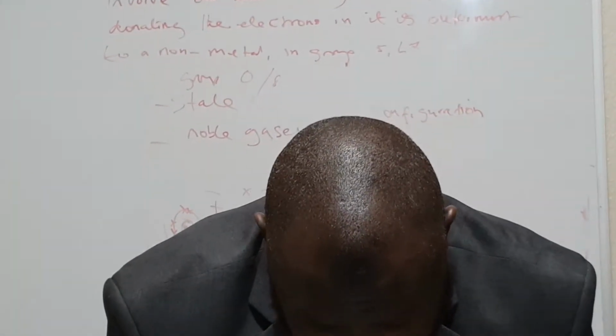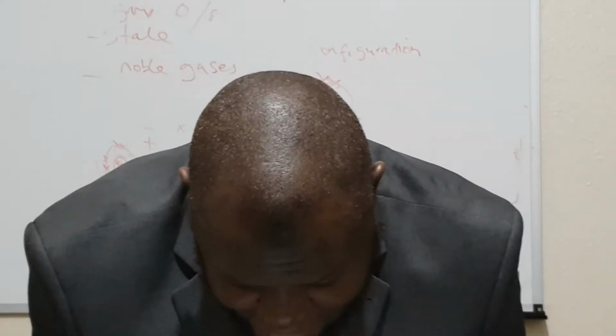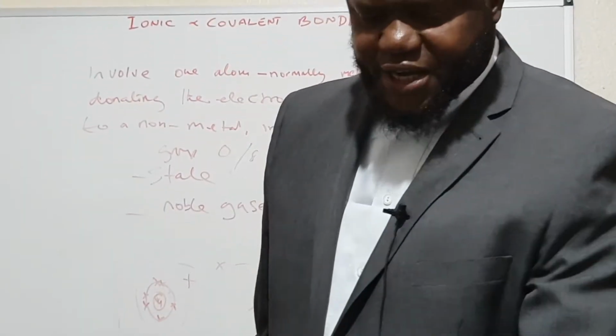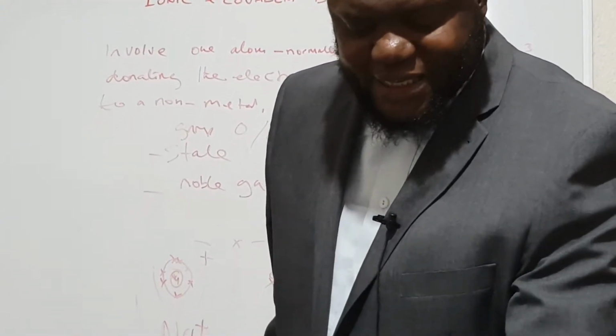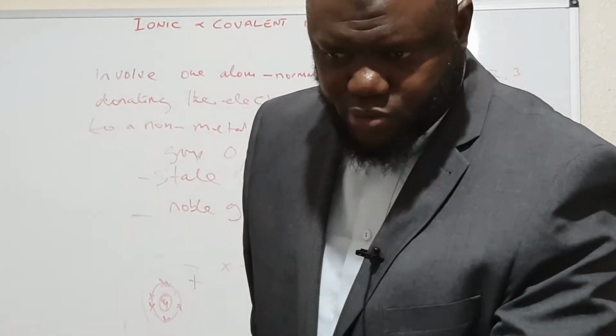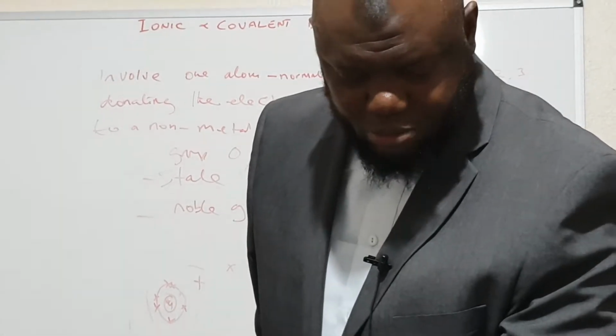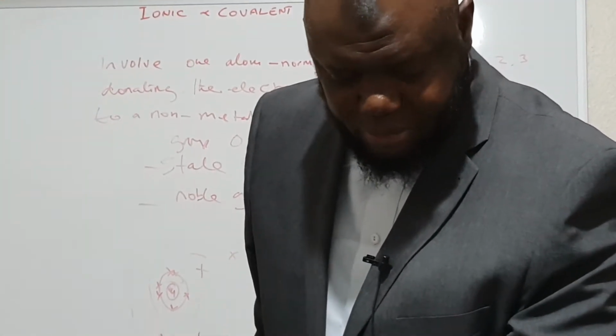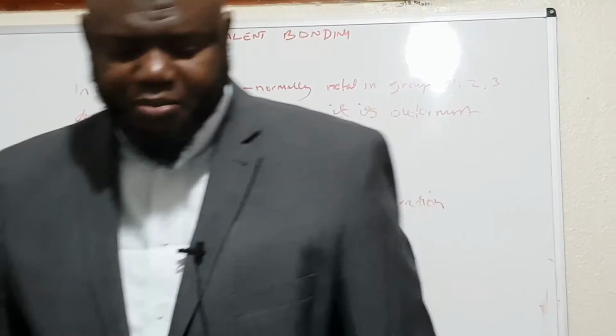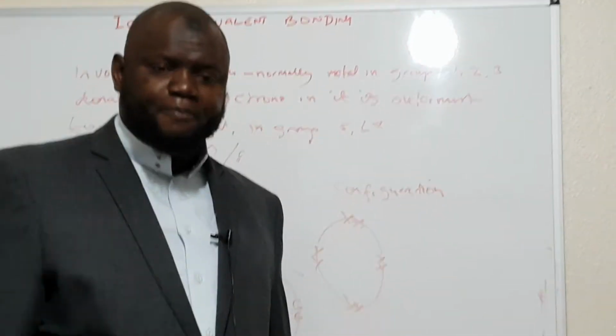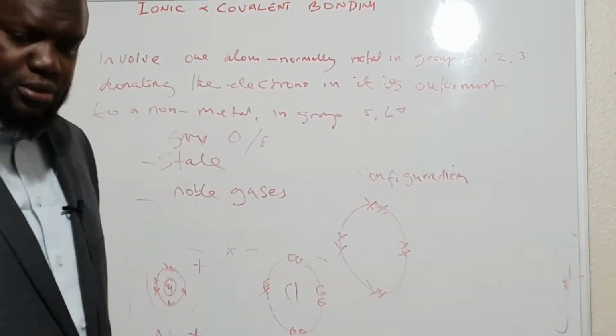Look at this other compound, 670 degrees Celsius. That means it must have very strong forces to break those molecules. So basically, you can know that they have a higher boiling point than water, and suspiciously they form ionic compounds.